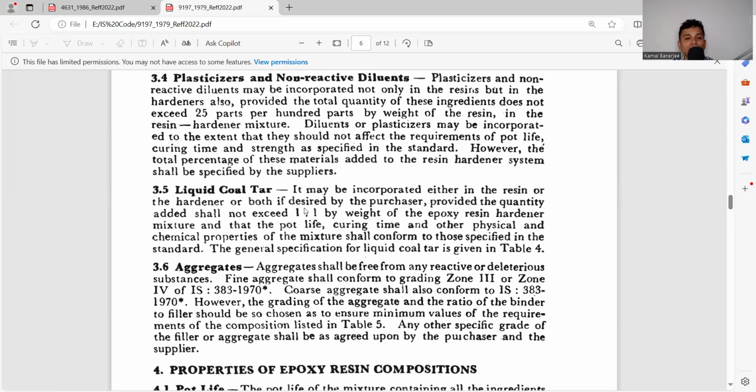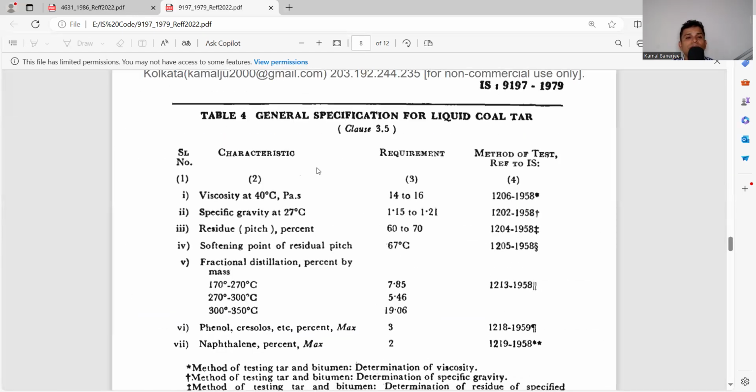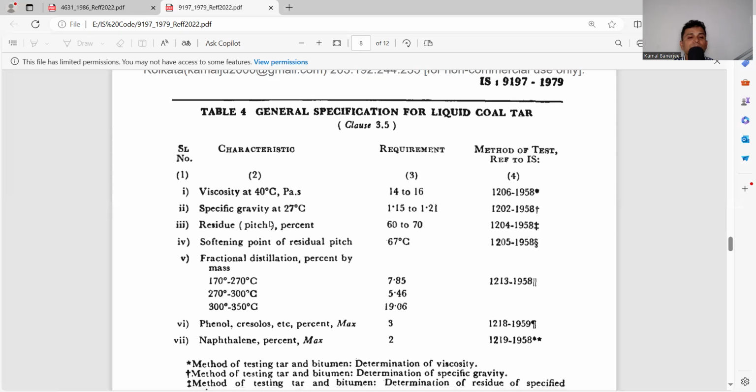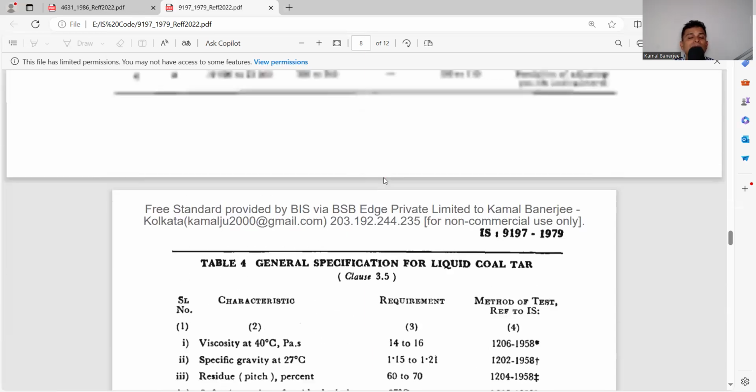So if we want to use the liquid coal tar, these are the requirements, and table 4 gives the specific requirements for coal tar. See, viscosity, specific gravity, residue, softening point, fractional distillations, phenol, naphthalene, what is the requirement and method of test. Whatever your project requirement, you need to finalize, and accordingly you can use the coal tar.